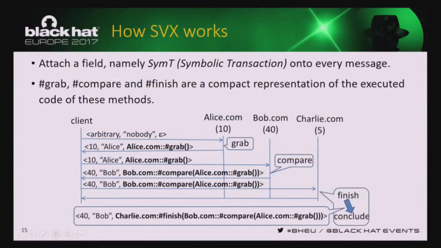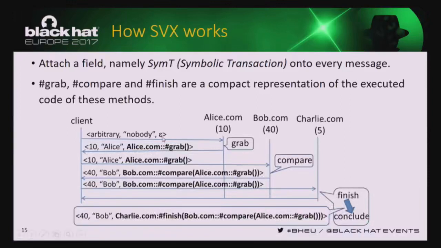It is simpler. All it needs is a message field called SymT, or symbolic transaction, on every message. So again, let's see the expected execution, the same execution. But notice that in every message, we have this additional field.